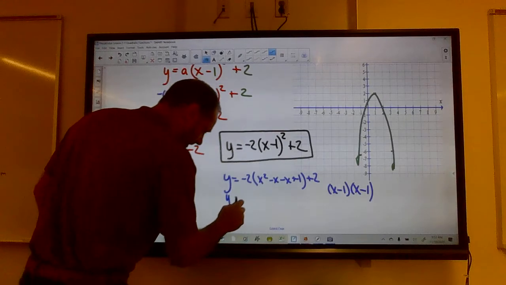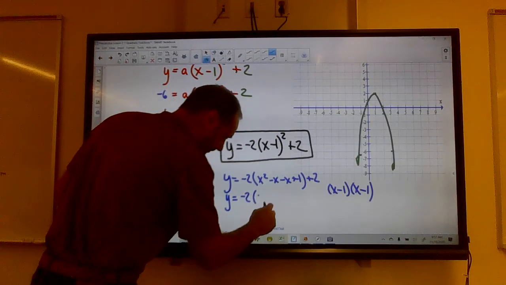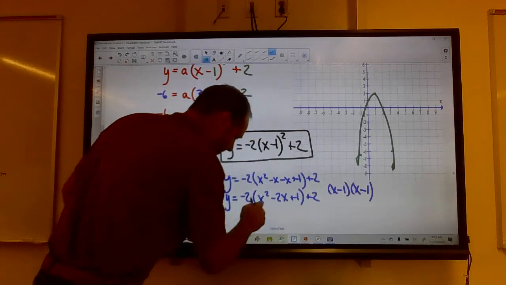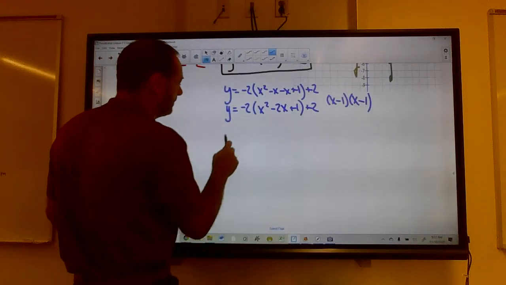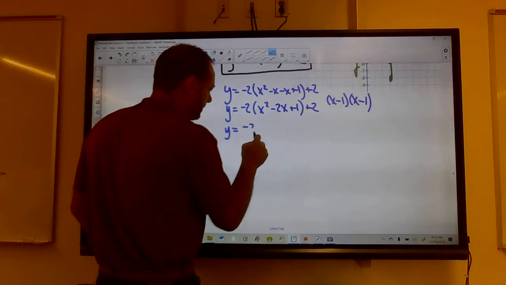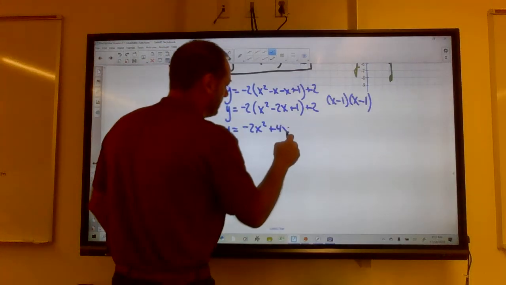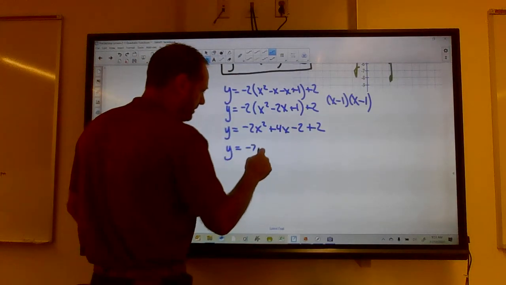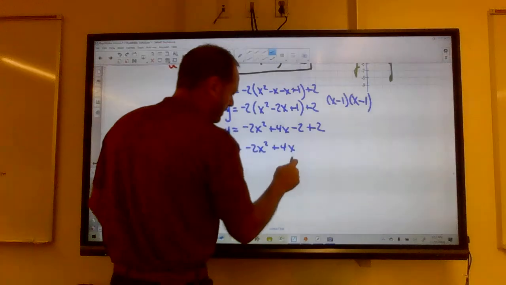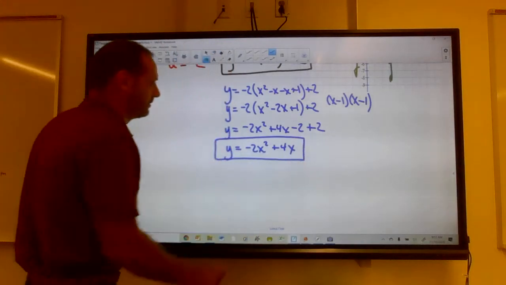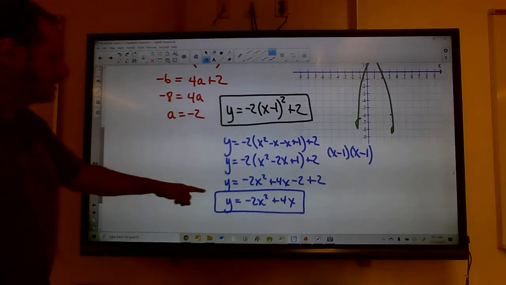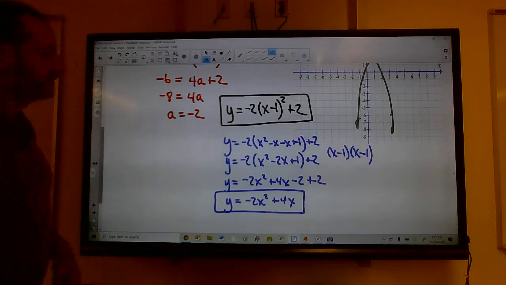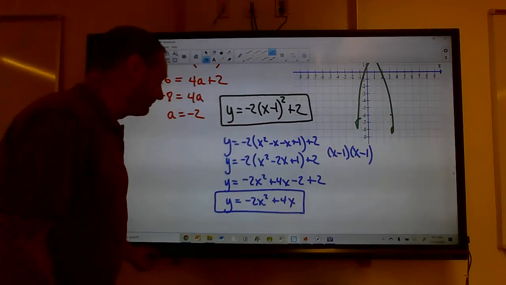Then I'm going to combine my like terms here. I'm going to distribute my -2. I'm going to combine my like terms here. And that would be the other form. So this equation and this equation are exactly the same equation. If you graph them both on your graphing calculator, you're going to get the same graph.